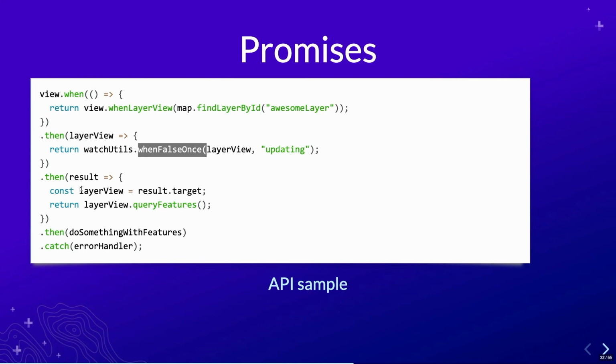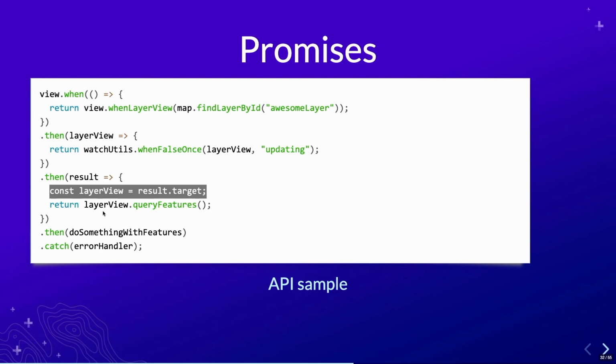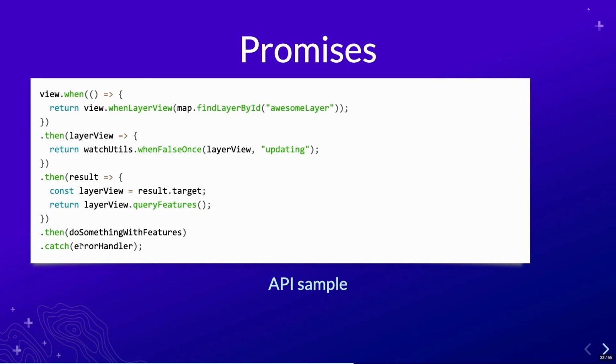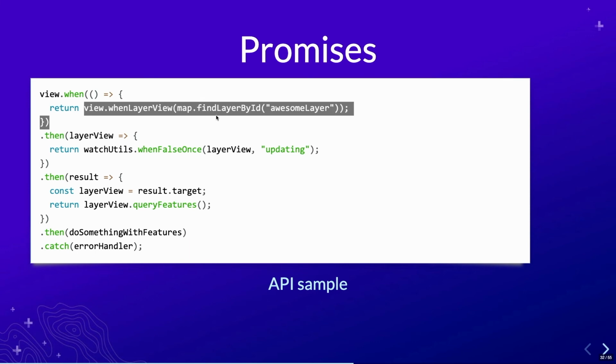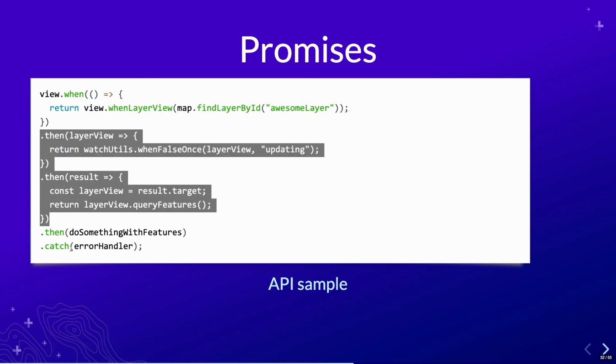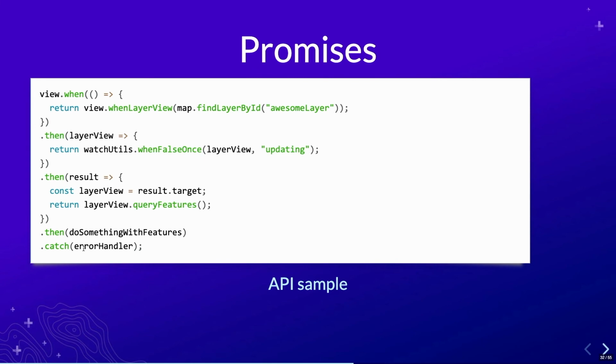We get the result for that updating, and now we can grab the layer view from the result target, and then query features on the layer view to get all the features that have been downloaded to be displayed on the map. And once we get those features, then do something. And if something were to go wrong anywhere in this promise chain, we can catch the error down here. It's important to note that if this promise failed up here, these chain methods will not run. It'll go down directly to the error handler down here.